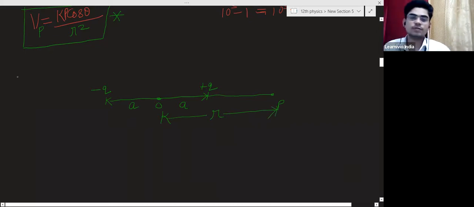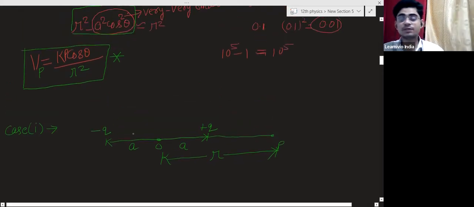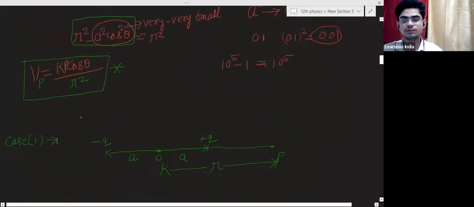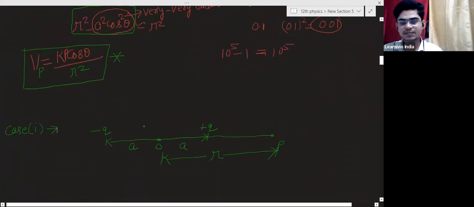You can also say, I want to calculate the value of potential at point P. I am considering this as an ideal dipole, so I am going to use this formula.